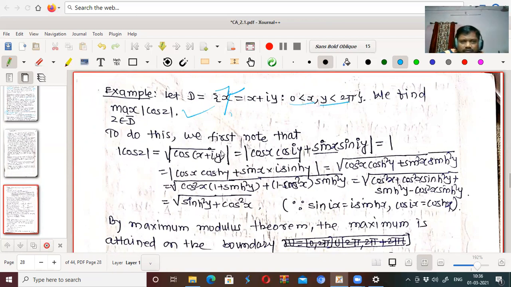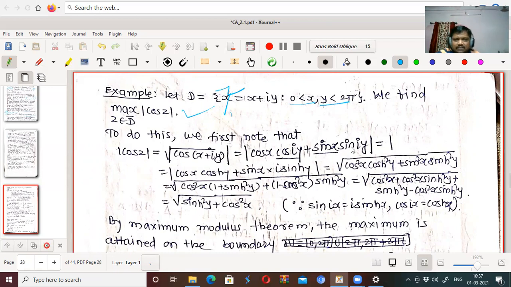To do this, we first note that |cos z| is equal to |cos(x+iy)|. But cos(x+iy) is cos x cos iy minus sin x sin iy.